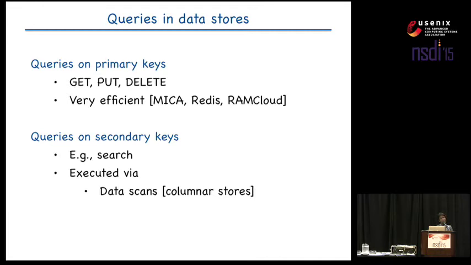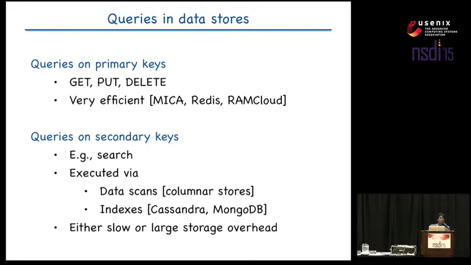Sometimes I'm going to call them secondary indexes, but these are indexes. Cassandra and MongoDB generally construct indexes on secondary keys, and then you can execute queries using these indexes. It turns out that these queries on secondary keys are either very slow in the case of data scans, or have very high storage overhead.